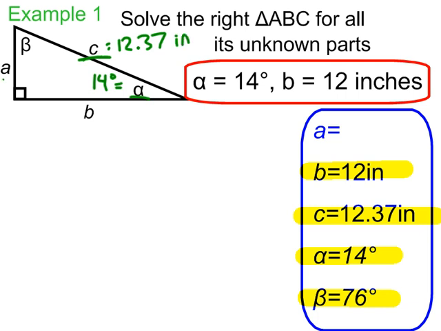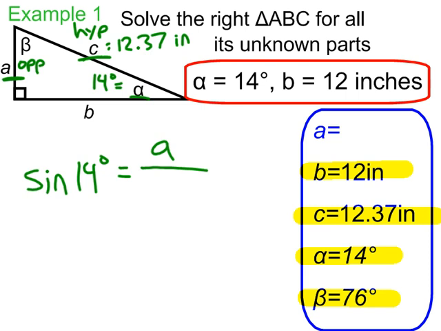And the side that I want to know is A. And those are my hypotenuse and my opposite, respectively. So that tells me that I will use the sine function. Sine of 14 degrees equals opposite A over hypotenuse C, which is approximately 12.37. I should use that little squiggly equal sign because that 12.37 is not exact.